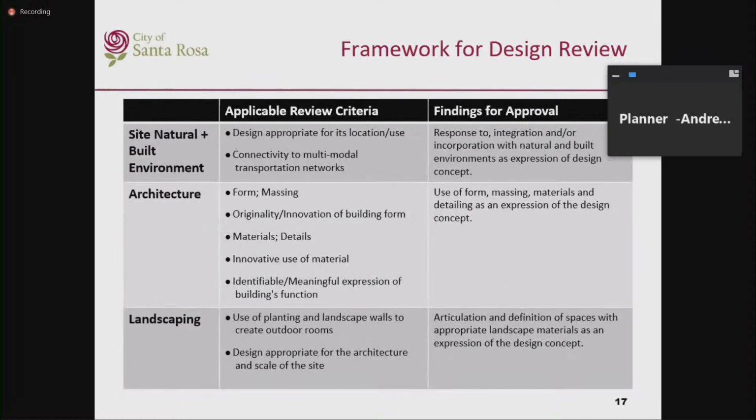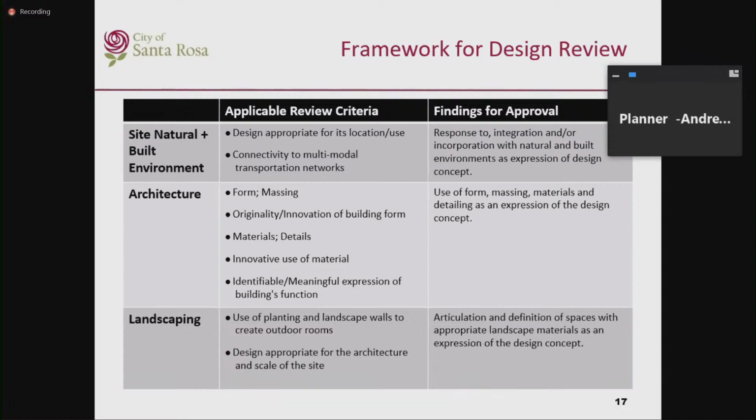So in the next couple of slides, I wanted to briefly take a quick look at the framework for design review. This is a design review, and so the project is subject to compliance with the framework for design review and consistency with applicable design guidelines. The framework looks at the site, natural, and built environment, and it looks for a response to integration or incorporation with natural and built environment as an expression of the design concept.